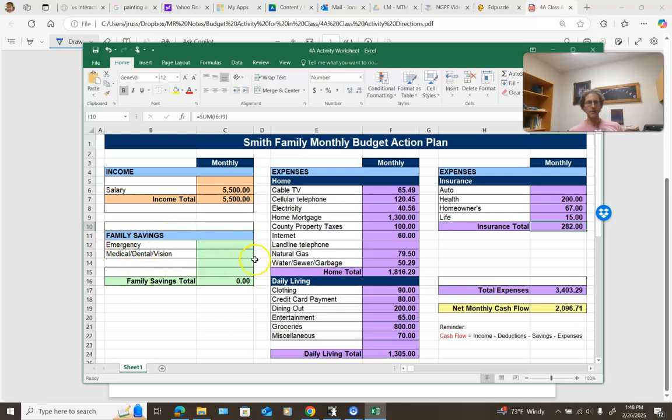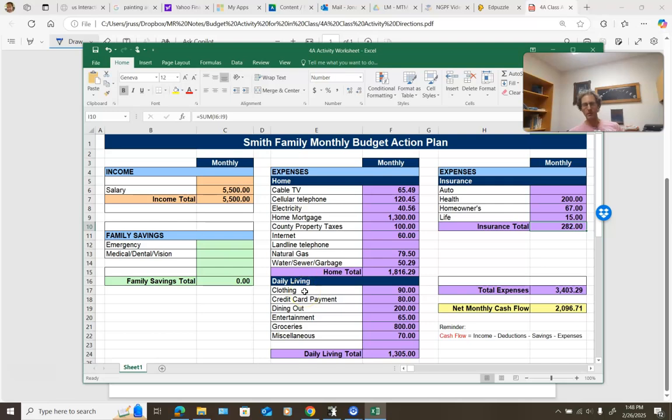Savings for emergency, savings for retirement, savings for vacation.